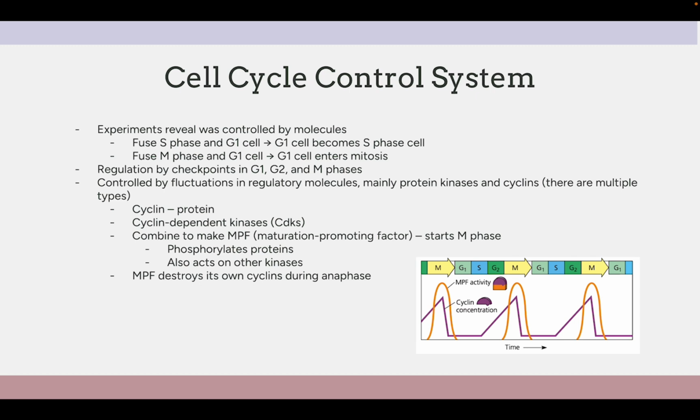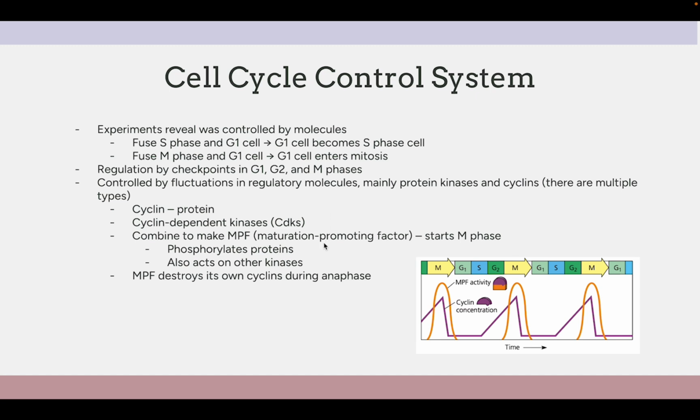The way MPF starts the M phase is that it phosphorylates proteins, and it also acts on other kinases to start the M phase. We're going to see this cyclical fluctuation in their amounts, and it peaks during anaphase of the M phase, and at that point MPF is going to destroy its own cyclins.